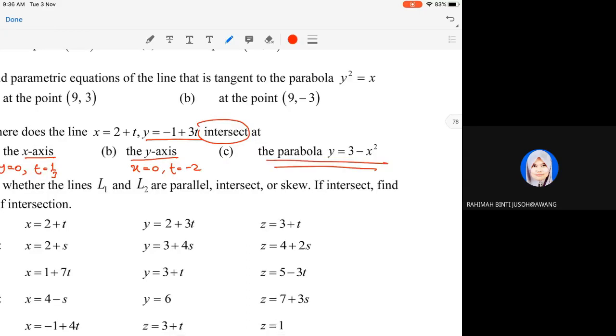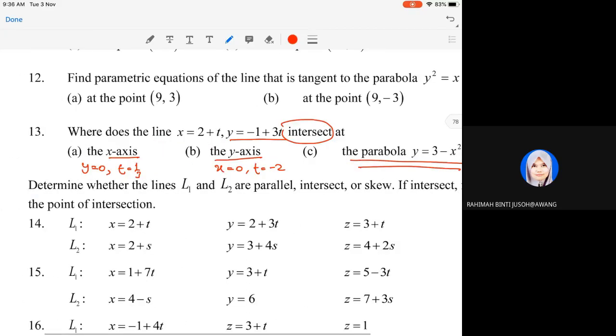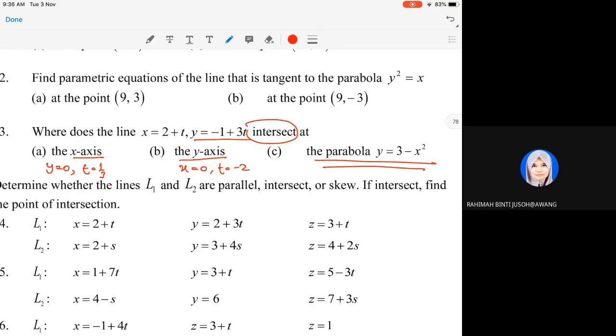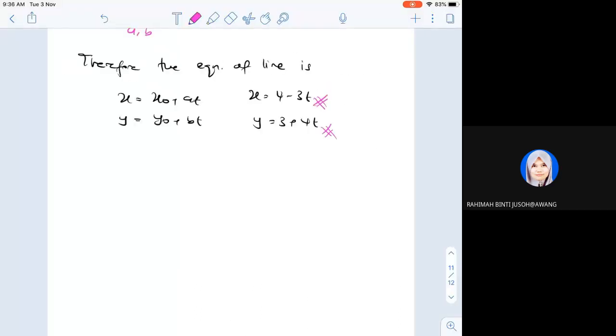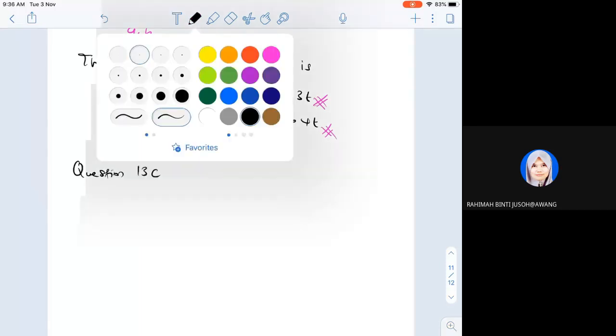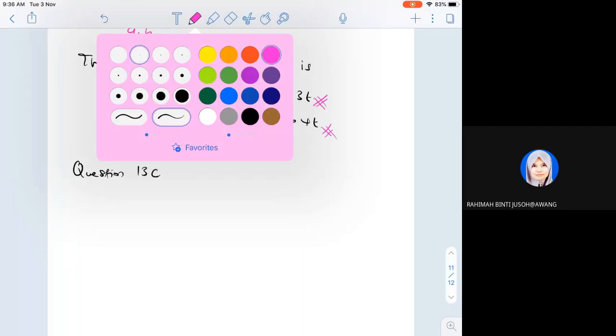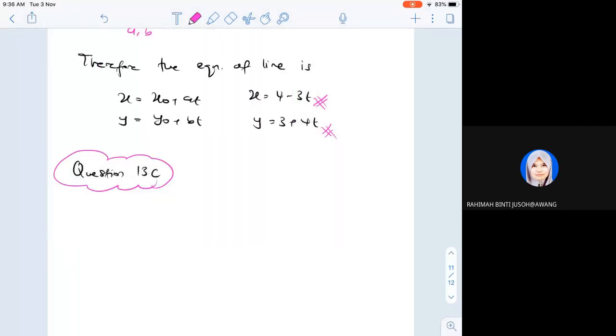Okay, so let us solve this question, question 13C. We have the equation x equals to 2 plus t, y equals to -1 plus 3t.